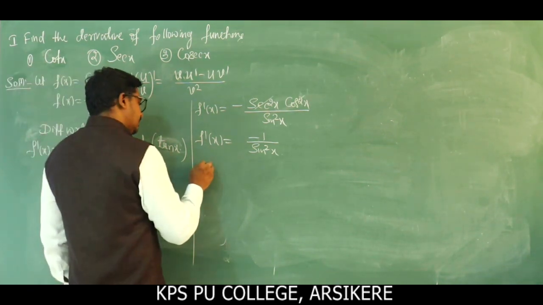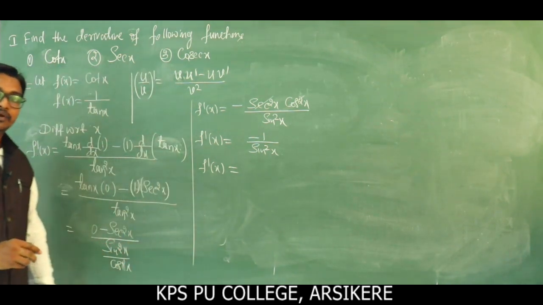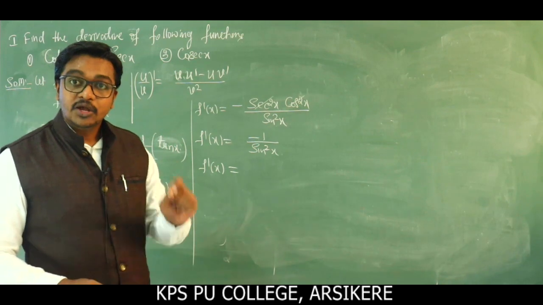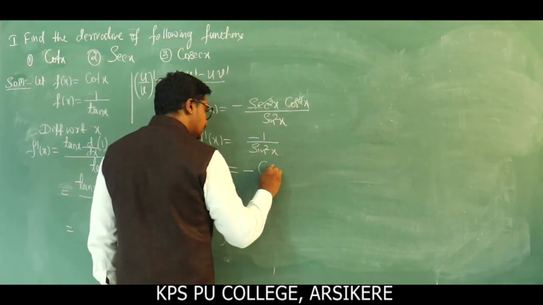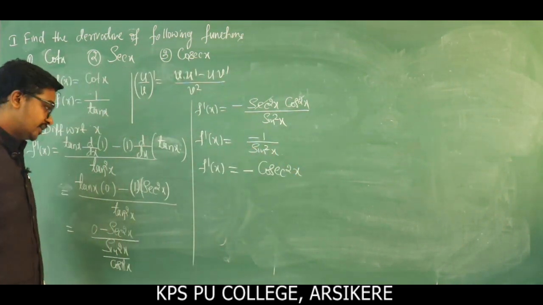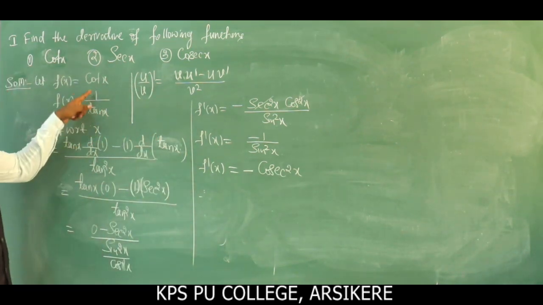1 by sin can be written as cosecant, right? At the same time 1 by sin square can be written as cosecant square of x. But here we have a minus, so that becomes minus cosecant square of x. Understood, children? Therefore, what is f dash of x? The derivative of cot x.